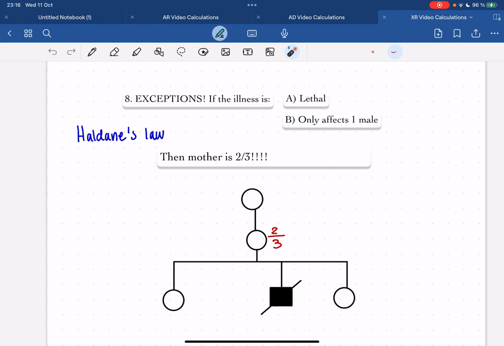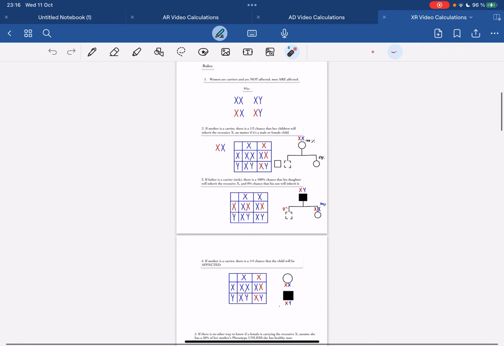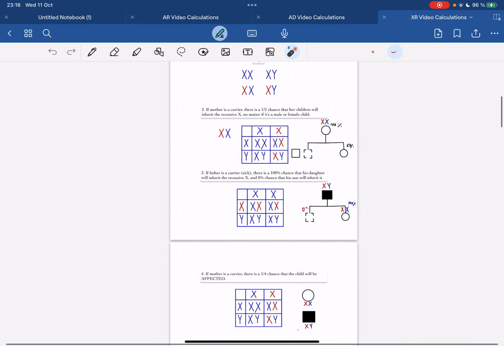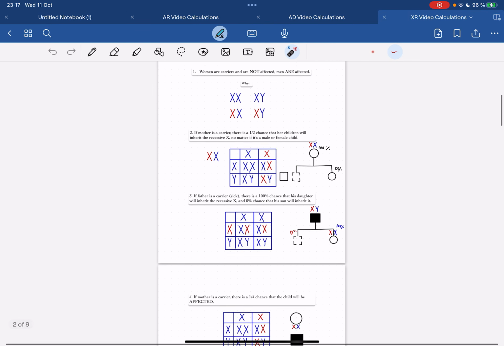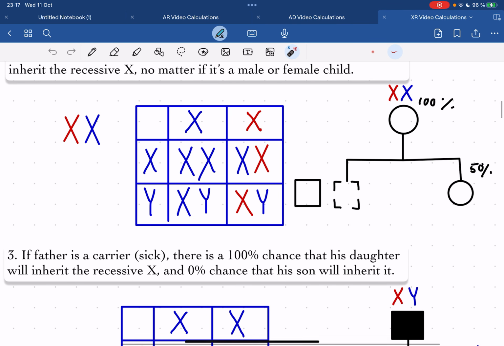Well, if we go to the XR rule book, maybe I did not write it down, but a male cannot be a carrier without being affected, because if we look at the pentagram, a male can absolutely not be a carrier and not be affected. If he is a carrier, he has to be affected. He has to be colored in.